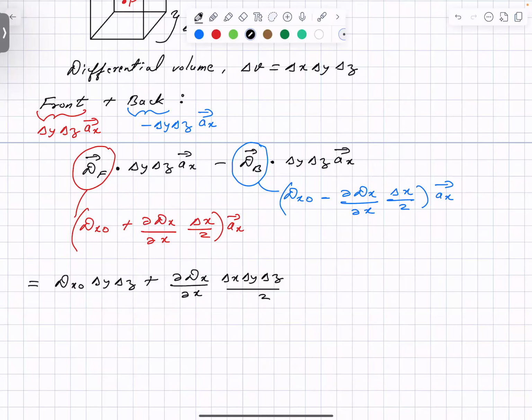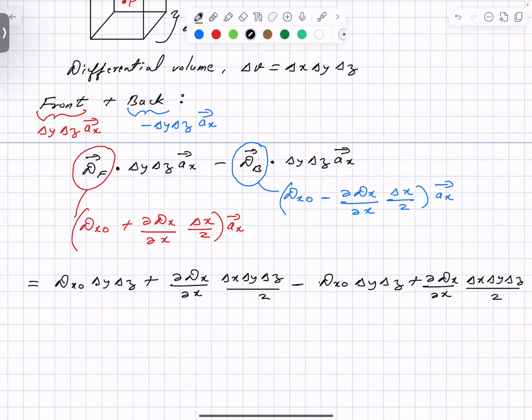And now what do we get for the other side, the negative part? First of all, there is a negative sign. So let's write the negative sign. And then we have Dxo delta y delta z. And then we get plus the derivative of Dx times delta x delta y delta z divided by 2.